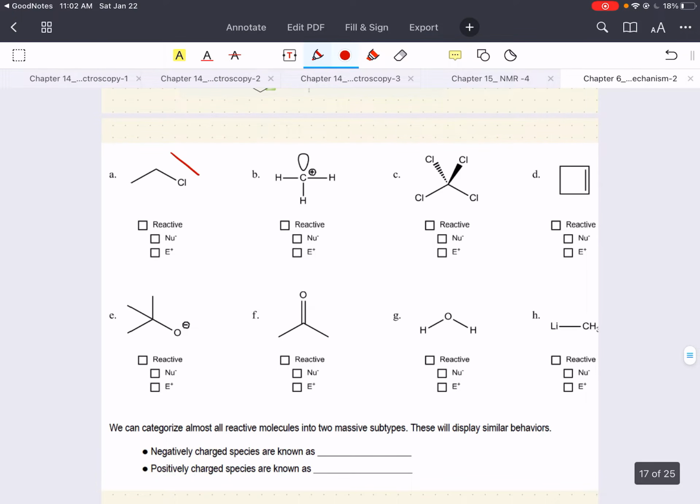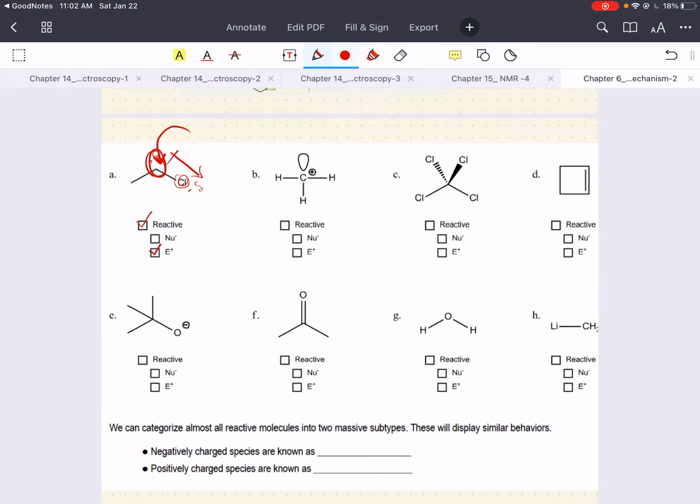So we can draw that: this carbon is going to be more partially positive, and the chlorine more partially negative, and this difference is going to make this molecule reactive. It's going to allow it to act as an electrophile. What that means is something can attack this carbon, and this chlorine can act as a leaving group. This leaves this carbon center as an electrophile.